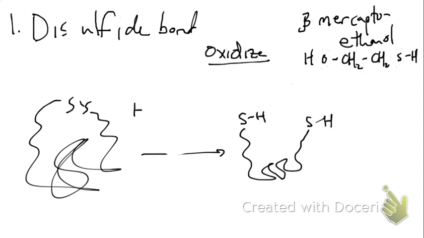So here's performic acid. We can add that into here, and instead of breaking it with hydrogens, since we're going to be oxidizing it, what we're going to add is this.